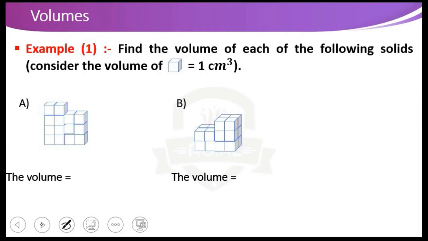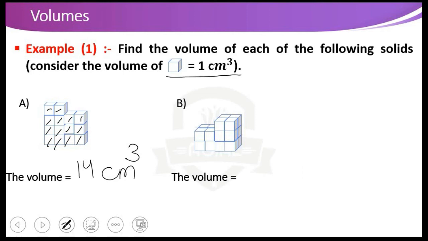In this example, find the volume of each of the following solids. Consider the volume of each small cube is 1 cubic centimeter. In this figure, we have 1, 2, 3, 4, 5, 6, 7, 8, 9, 10, 11, 12, 13, 14. So the volume is 14 cubic centimeters.